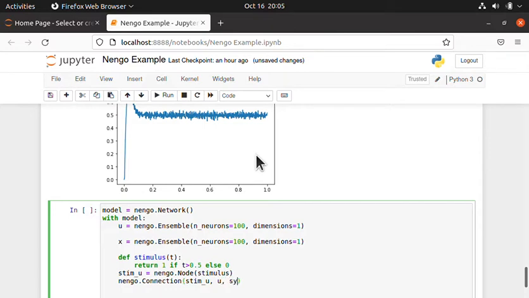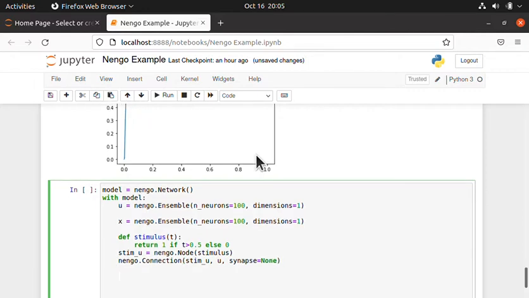And we'll be even a little bit more specific and say, hey, don't even bother putting a synapse on that. Okay, so that's feeding in my stimulus to that first population. Fine. Now I want to do that weird math in order to make X be some low-pass filter.